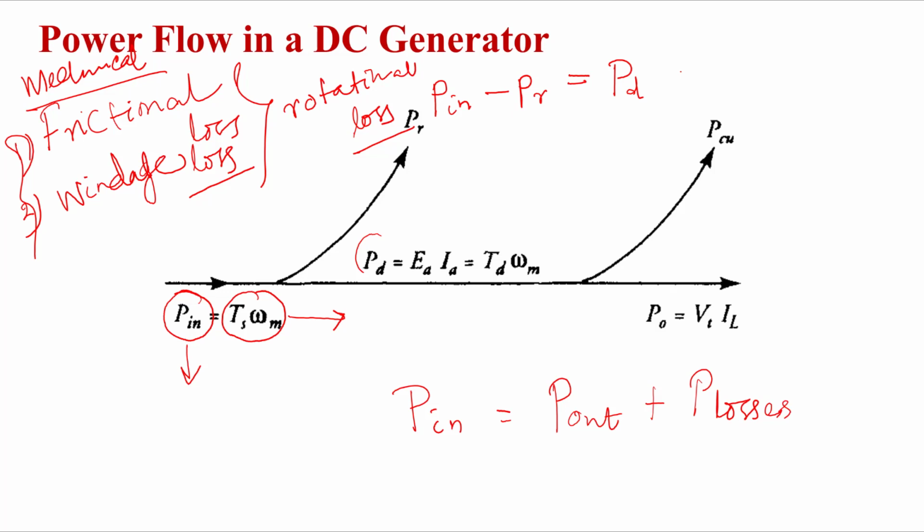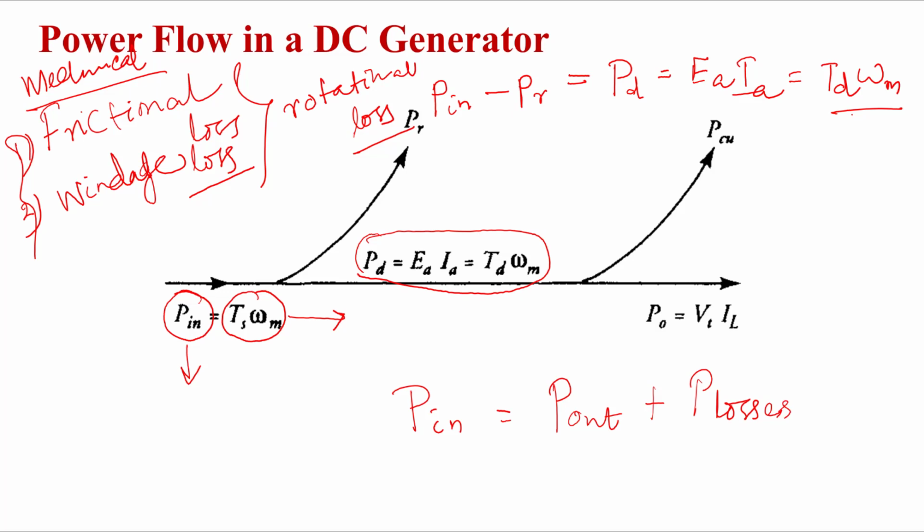This PD will be equal to the internal EMF generated or induced EMF in the generator into IA, okay, whatever is mentioned here. And that is equal to TD omega M. Already we discussed this, right? This is the developed power inside the generator.